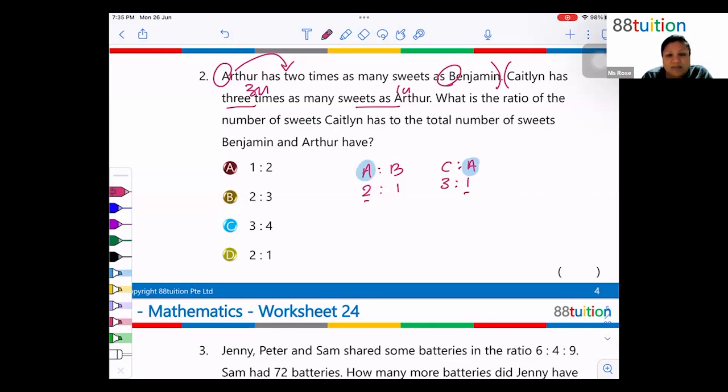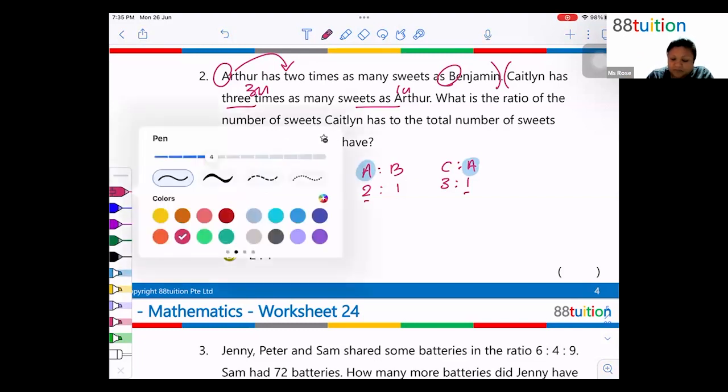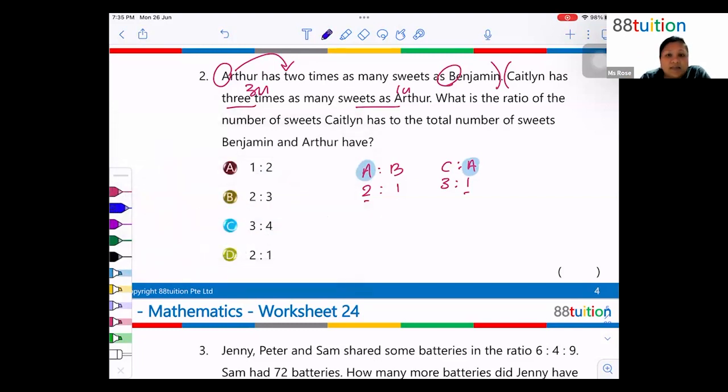So it cannot be different, it must be the same. How do I make them the same? What do I do? Do I plus 1 or do I times 2? Thank you, Evan. So I have to times 2 here to give me 6:2.